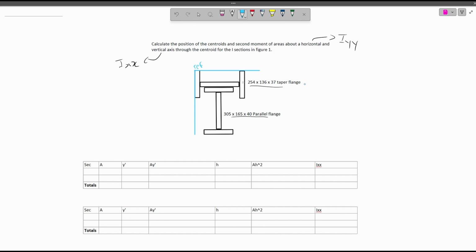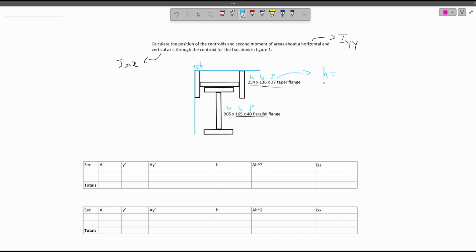And then the second thing you're going to do is find the dimensions, the properties of these sections. When you're dealing with I sections, you don't use these dimensions that are given. This is your height, your breadth, this is your density. You don't use these dimensions that are given here. You're going to use the dimensions you find on the table.